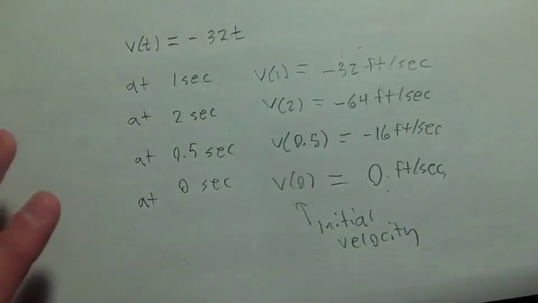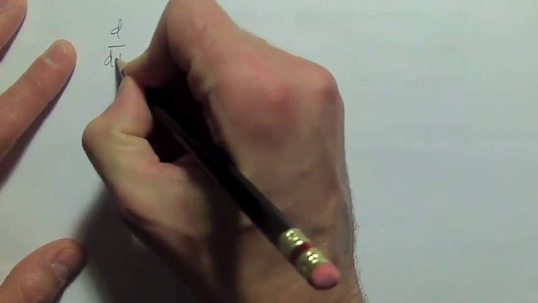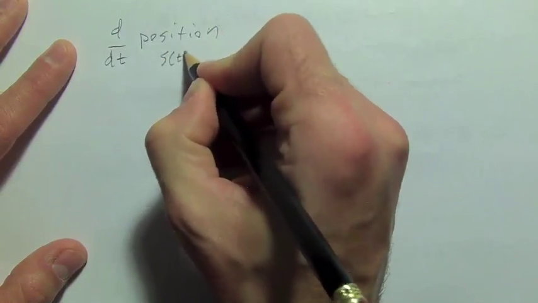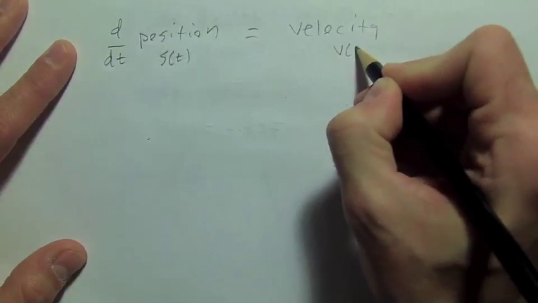That brings us to a really important concept of calculus, and it carries on into physics: the derivative of the position, which we usually call s of t, is the velocity, v of t.